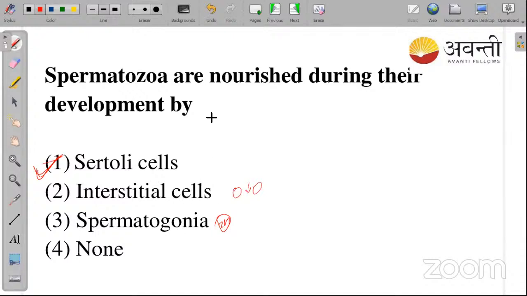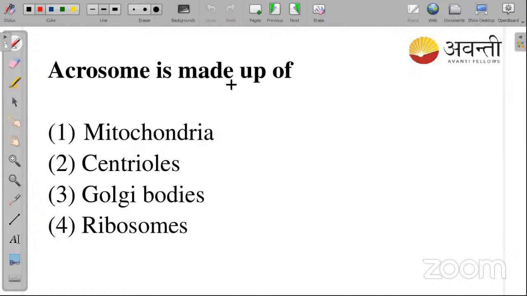Okay. So going to the next question. Acrosome is made up of: mitochondria, central Golgi bodies, ribosome. This is also a very easy question. Please answer fast. Okay, correct, Soumya.